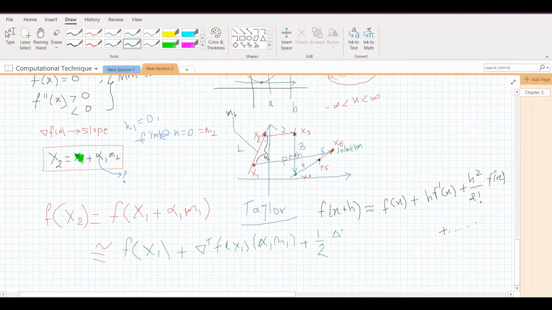For the second derivative we write transpose, and then we'll have a matrix here, the A matrix at x1.